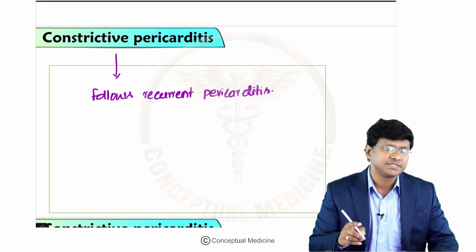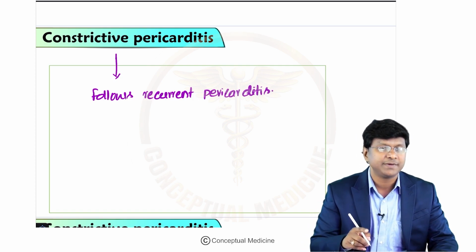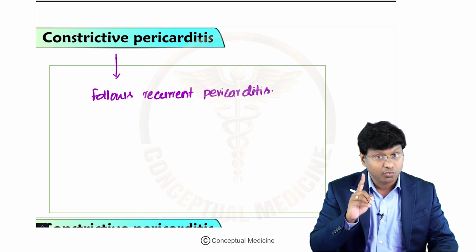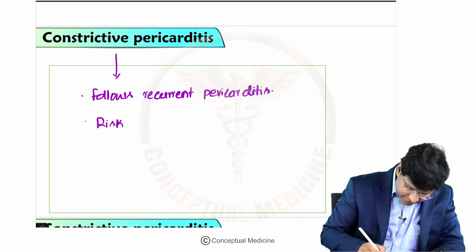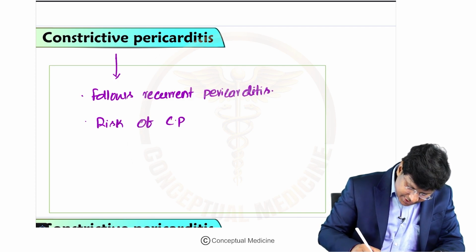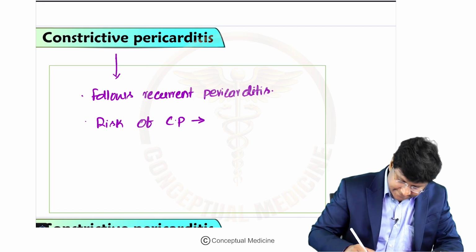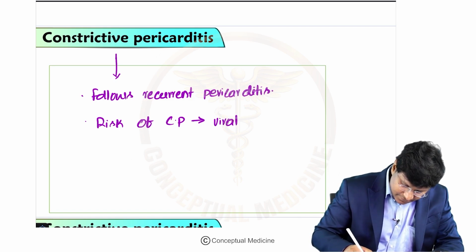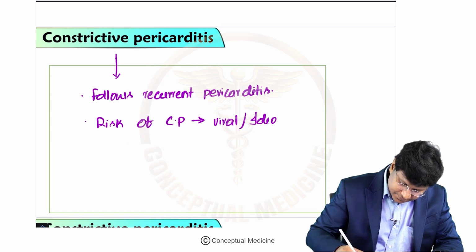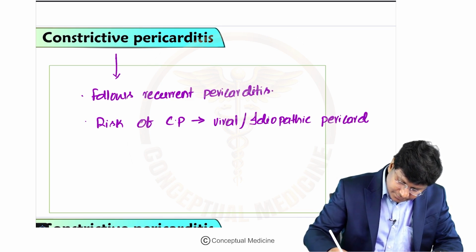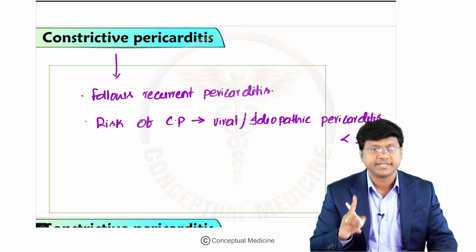And the risk of constrictive pericarditis due to viral or idiopathic pericarditis is less than 1%.